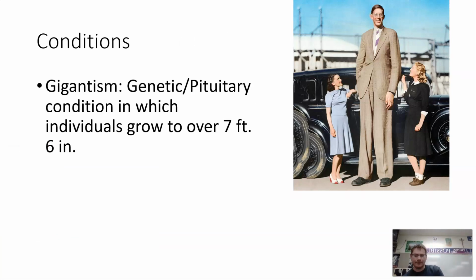Gigantism, it's a genetic or pituitary condition in which individuals grow to over 7 foot 6 inches, so very tall. Your pituitary gland is in your skull, right next to your brain. That's an endocrine gland.